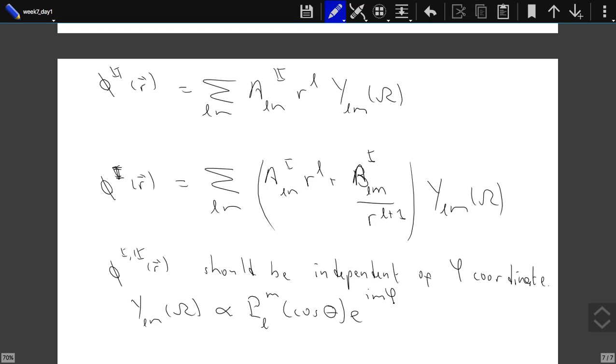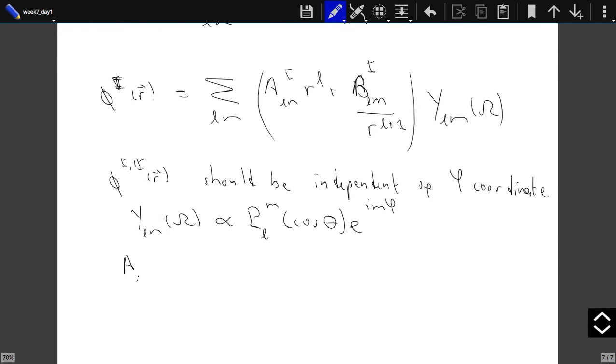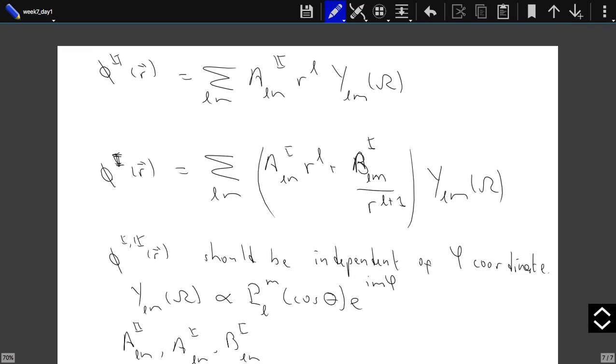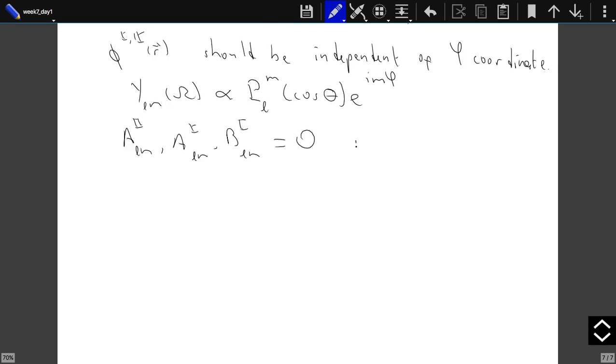But remember, these Y_LM functions are proportional to the Legendre polynomials times e to the power i m phi. So you see, the potential depends on this phi coordinate if there are contributions to my potential from terms that have a non-zero m. So the only terms that should contribute to those sums should be the ones that have m equal to 0.